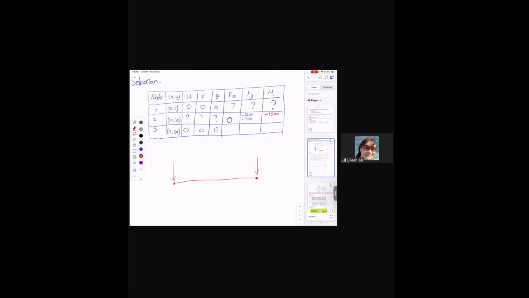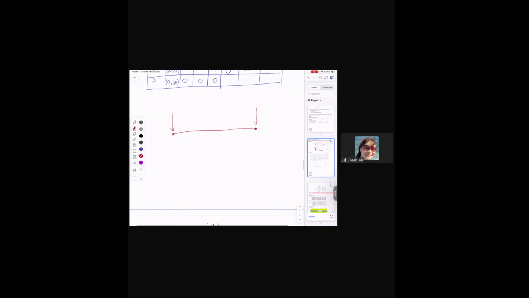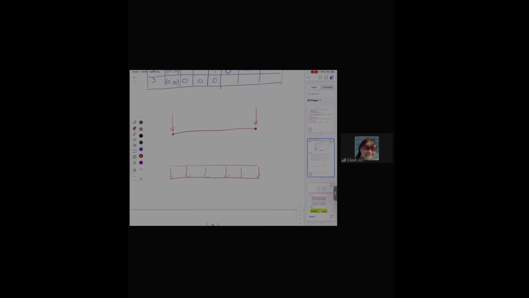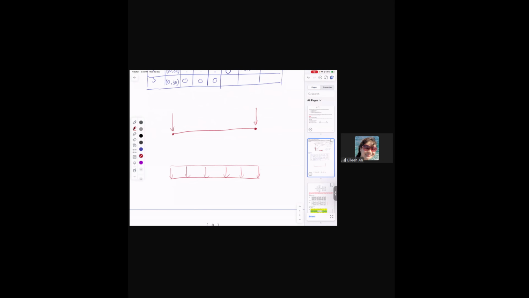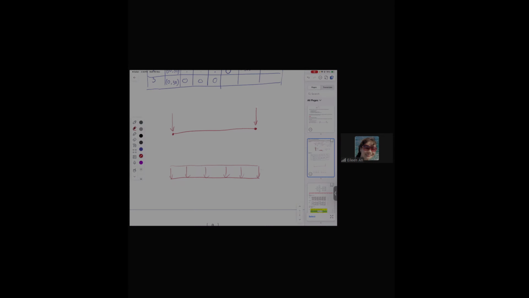Okay, now I have another beam. Will this beam bend? Yes, right? So, like what we did, we assume those 2 points share this force equally, right?